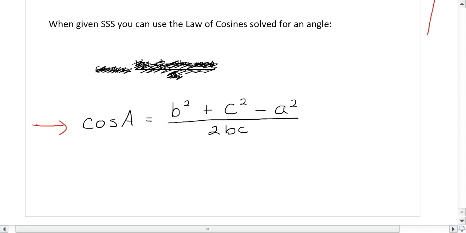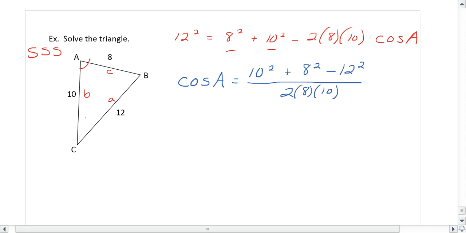So now I'm going to scroll back up and I'm going to use this formula in our triangle. All right, so I put in the B and C here, 10 squared plus 8 squared minus 12 squared, all over 2BC.